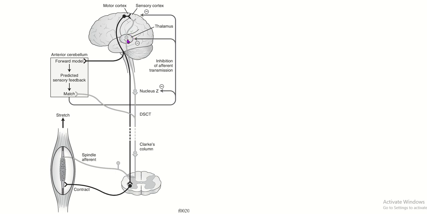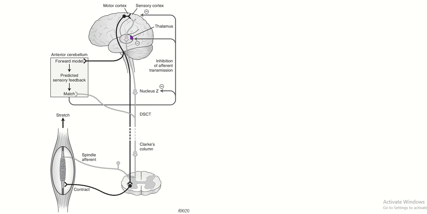It is the final relay station of all sensory function, and in this pathway, three sets of neurons are used: first order neuron, second order neuron, third order neuron. First order neuron is in the dorsal root ganglia, third order neuron is in the thalamus, and second order is present in various parts of the central nervous system.